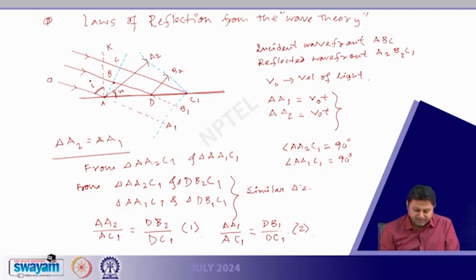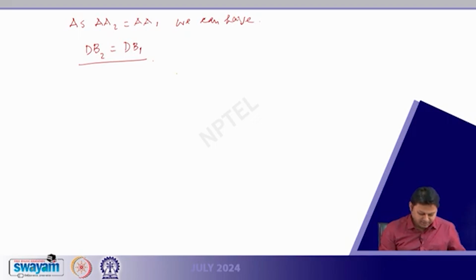So, they are same. That is when the ray is reflected from A to A2, during this time B will reach D and then reflect and go to the point B2. Exactly here it should reach. The geometry suggests that it should reach exactly at this point over this line. Once this is ensured, then the rest part is straightforward, and let me write it here.